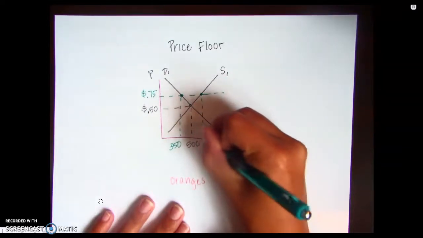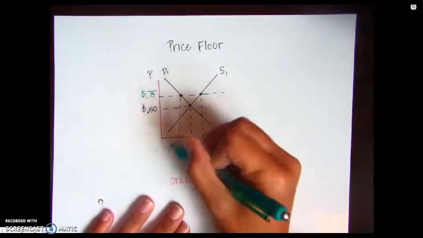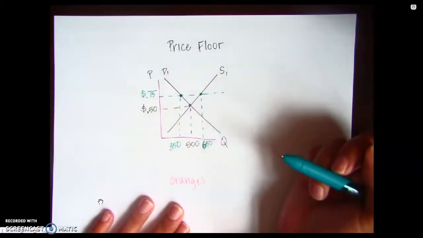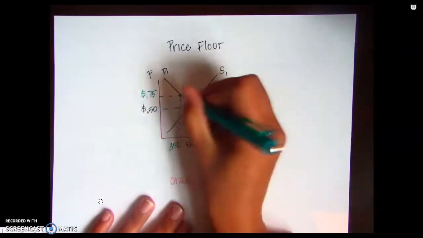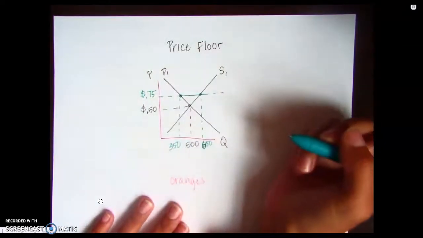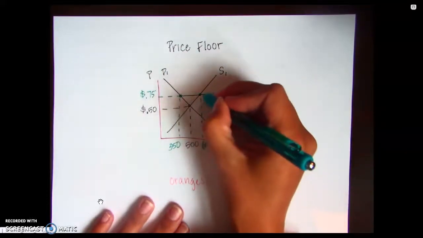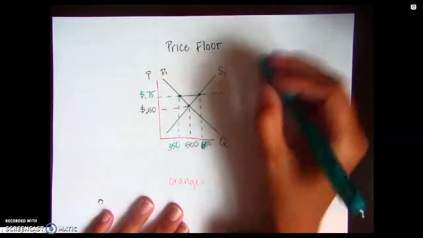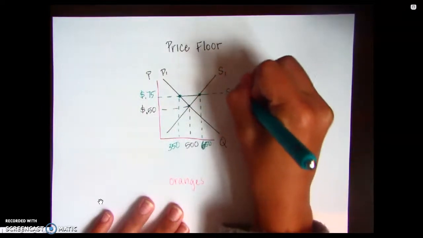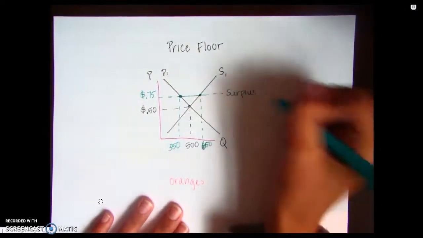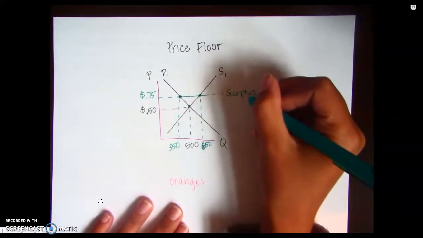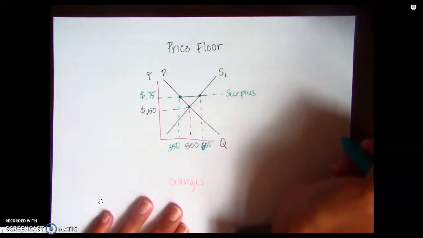Okay, so they're providing 650 oranges, but there's only a desire for 350. That's a problem. Okay? And so, again, because this line is above equilibrium, we are supplying more than we are demanding. We, again, run into a surplus. Now we're going to have more oranges than we need, and that's going to result in a surplus.